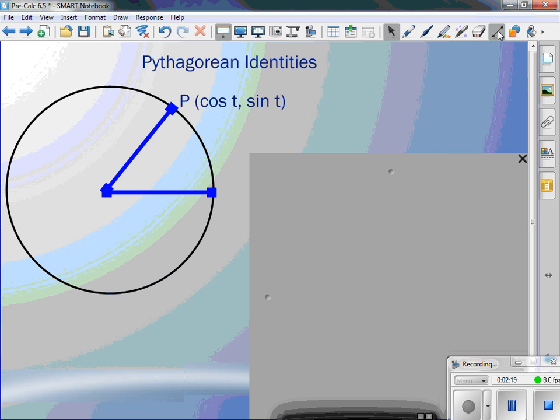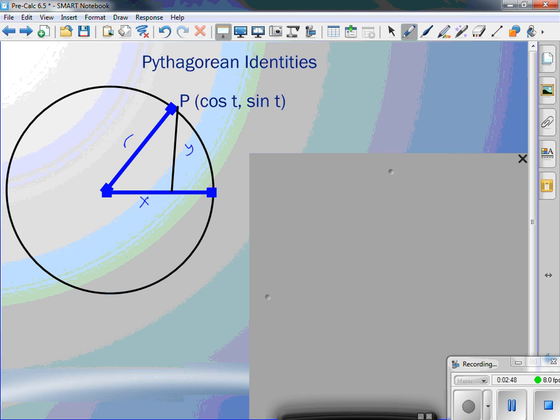If I have the unit circle and I make my right triangle, now this isn't drawn perfectly to scale. This is my x value, this is my y value, this is my r value. You need to find the r. So how do I find r? Pythagorean theorem. But what's my x value?